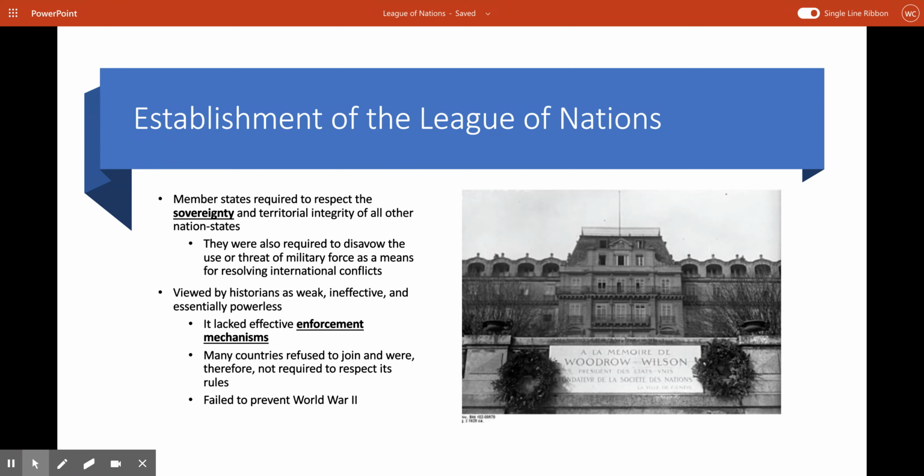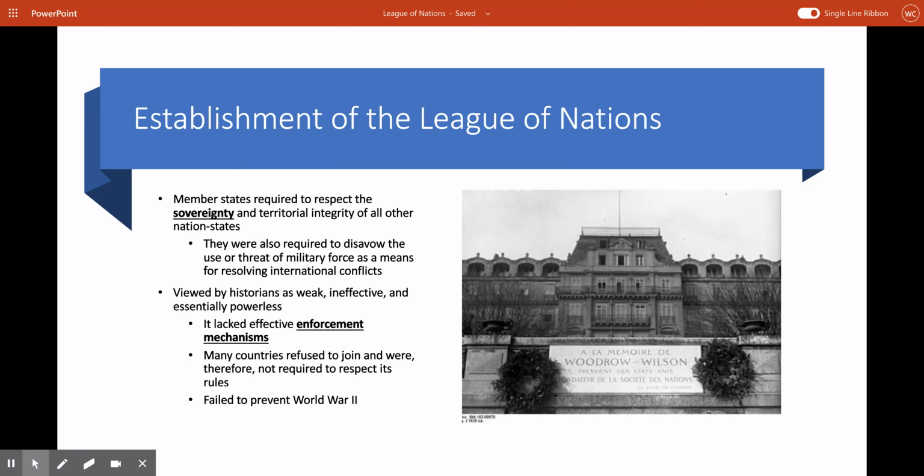However, the League ultimately failed to prevent the outbreak of World War II. And it was therefore viewed by historians as largely weak, ineffective, and essentially a powerless organization. And the reasons why it was so weak are several, but the most important, in my opinion and from the research that I've done, is it lacked effective enforcement mechanisms.